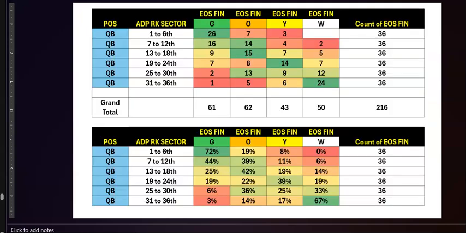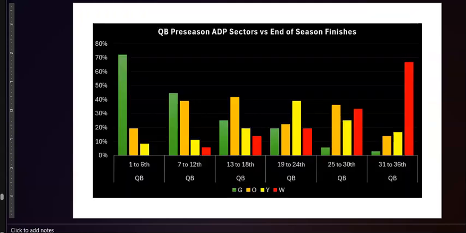This is just the percentage, but here's the visual of the numbers here. And you can see 13th through 18th and 19th through 24th, the green slice is about the same. So I think that's where you can get an advantage in Superflex right there.